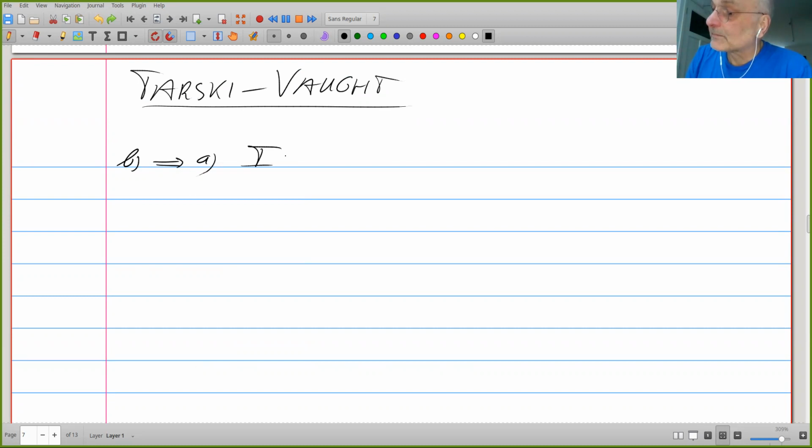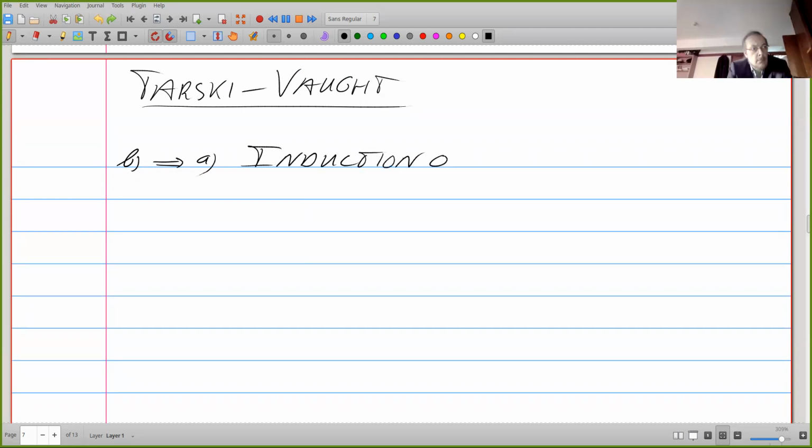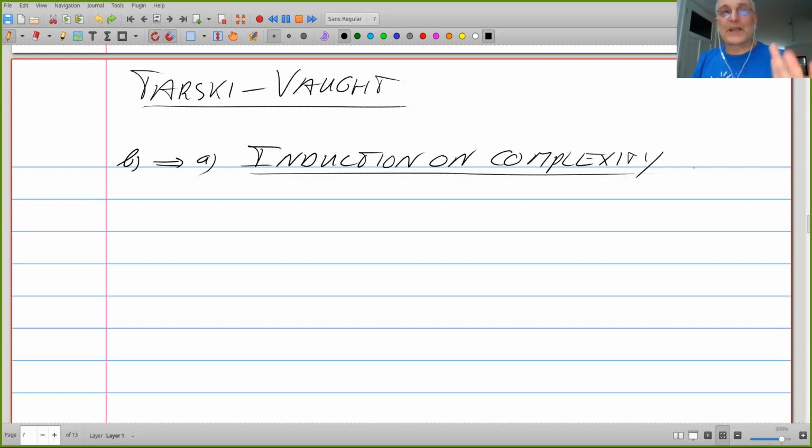Well, we need to show this absoluteness statement for all formulas in the list. That's the whole point. We're not talking about just one formula, no. We're talking about all the formulas in the list.